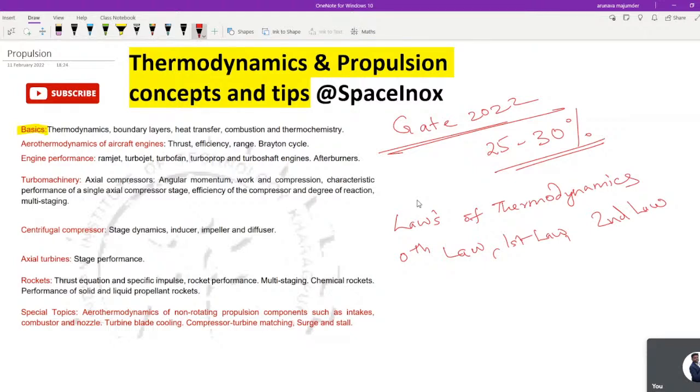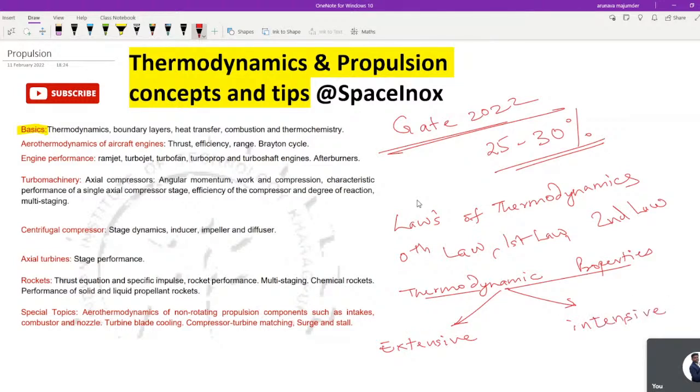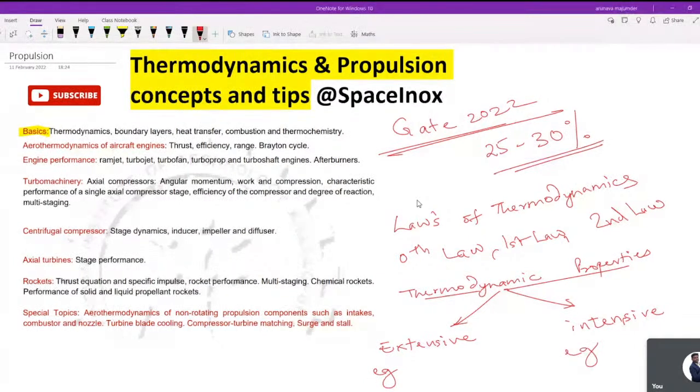Now you may also expect questions on thermodynamic properties. Thermodynamic properties are of two types: extensive and intensive. What are examples of extensive and intensive properties? You have to study.